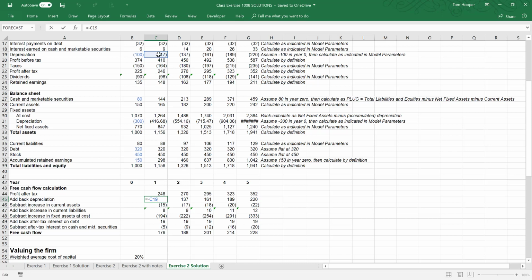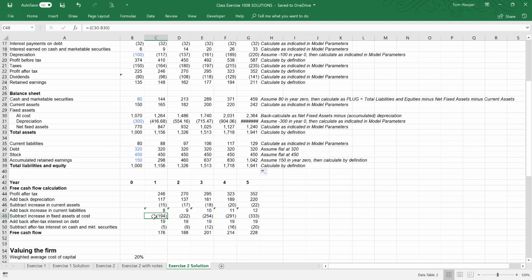So we need to reverse out what we put in. Since we're reversing out the depreciation, we need to add back in the increase in fixed assets. And when I say add back in, technically it's coming out.